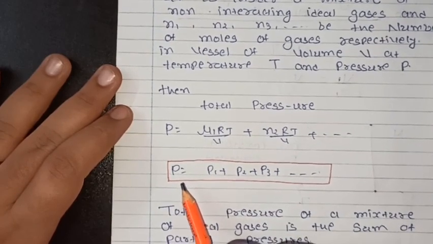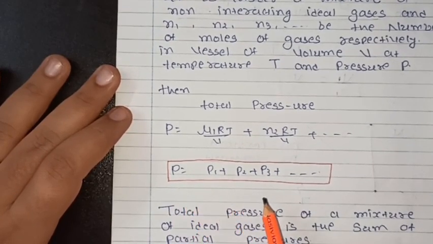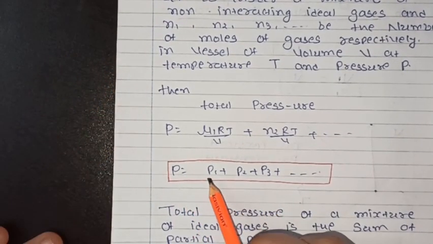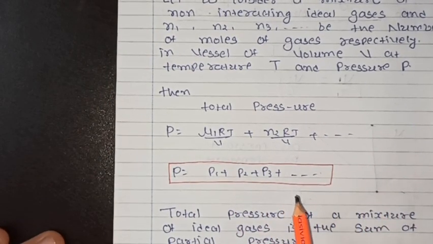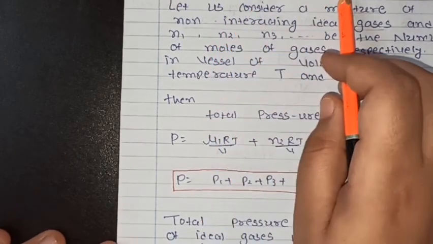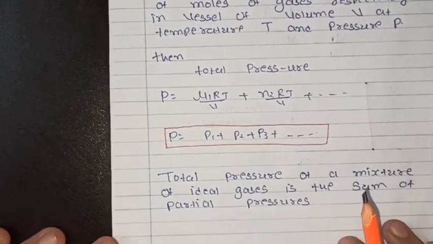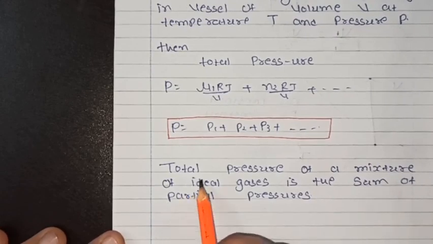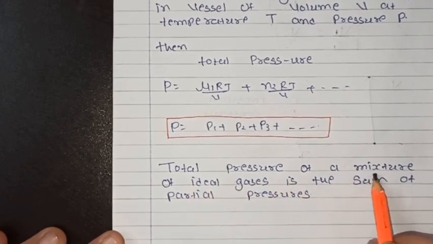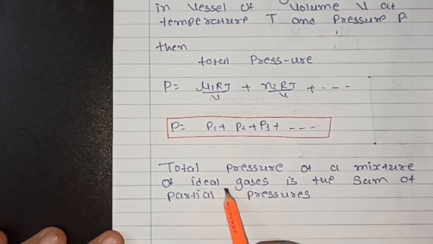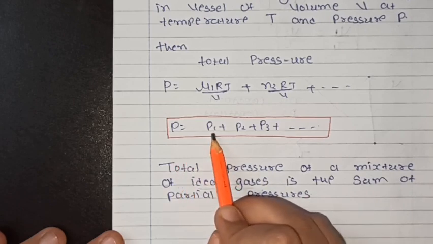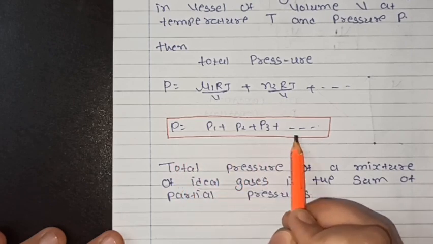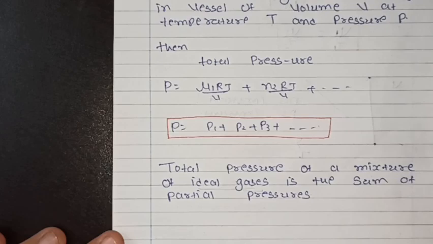So the total pressure inside the vessel will be the addition of all the pressures of individual gases. That is called Dalton's law of partial pressure. The statement says that the total pressure of a mixture of ideal gases, remember we are considering ideal gases, is the sum of partial pressures, that is P = P1 + P2 + P3 and so on.